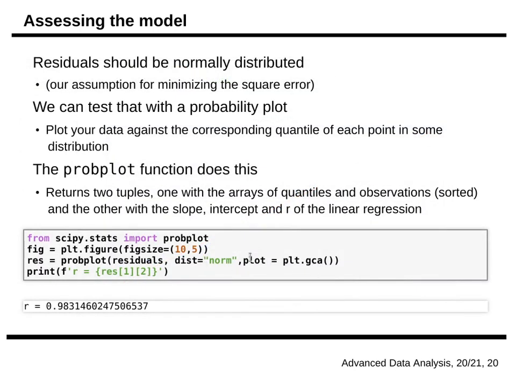If you want, this probplot function can also generate a plot. You just need to give it something to plot into. So either the PLT, the pyplot, or the set of axes that we are getting from the figure. Here we created a figure. Actually, this is not necessary. You can just do it like this, and then GCA is get current axis. So we are getting the axis of this figure that we created, and since probplot receives this argument, it will generate the plot on those axes.